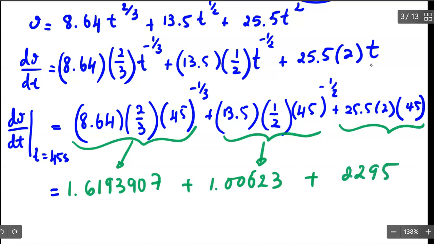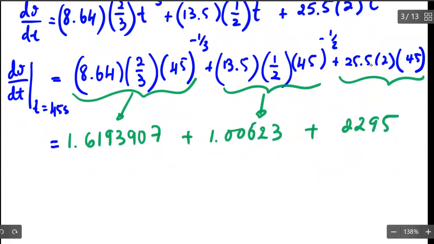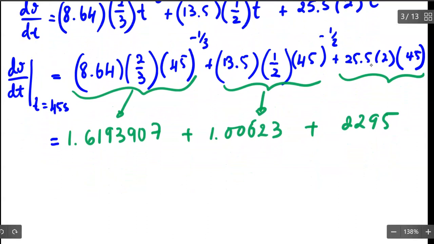I know that you are using the Casio FX991MS, and I believe that at this level you already know how to raise this to the exponent negative 1/3. So 45, you put the exponent bracket, negative 1 divided by 3, close the bracket, multiply by 2, multiply by 8.64 divided by 3, and that should give you this number.